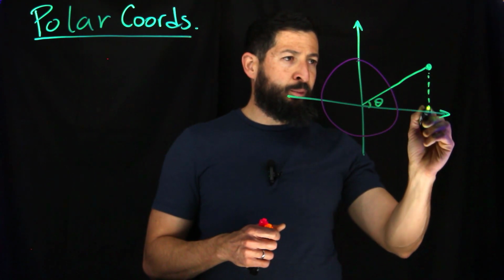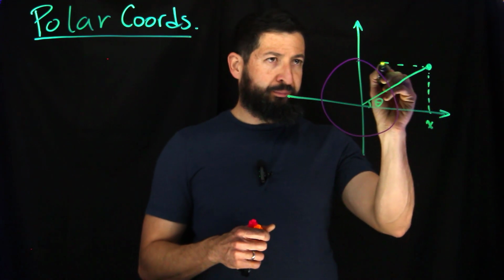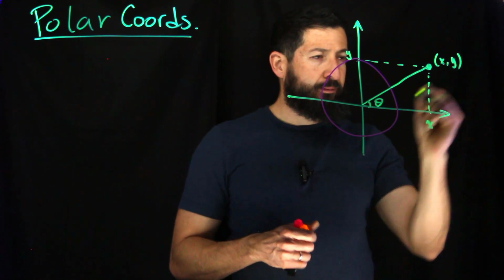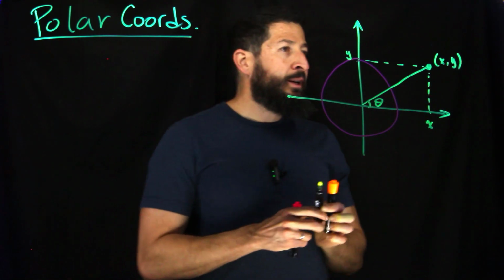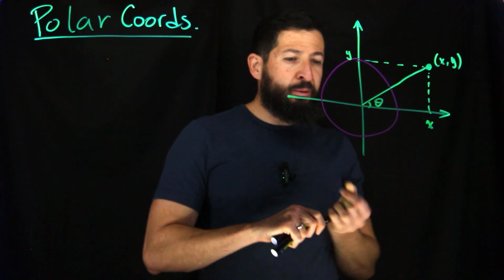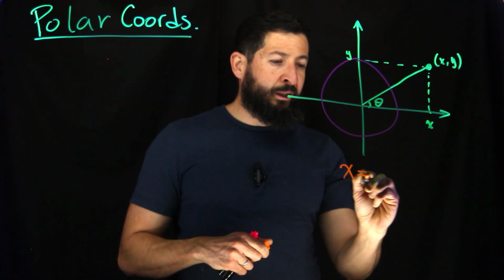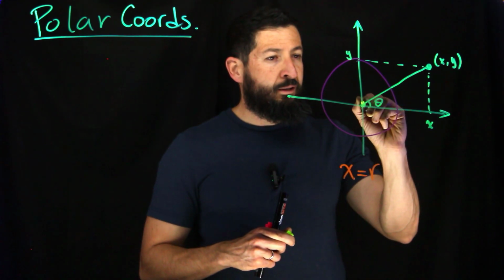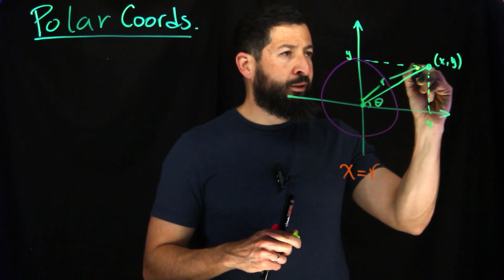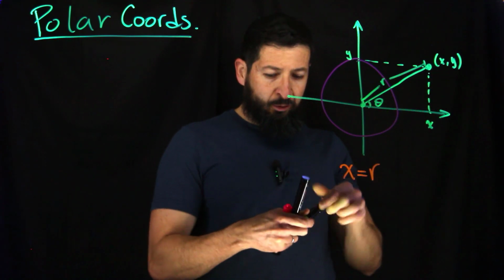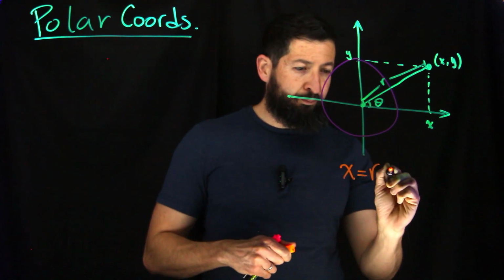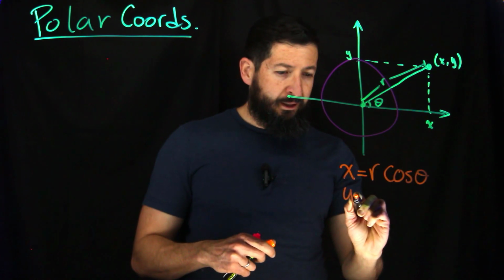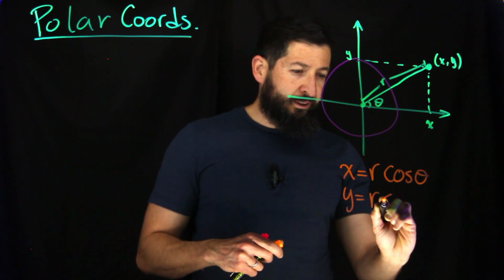If you have a point with coordinates x, y, then x is given by the radius, which is the distance from the origin all the way out to the point, times the cosine of the angle. You've done that before. And then y would be r sine of the angle.